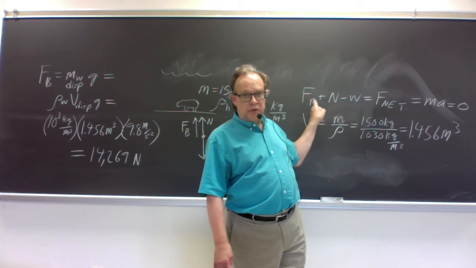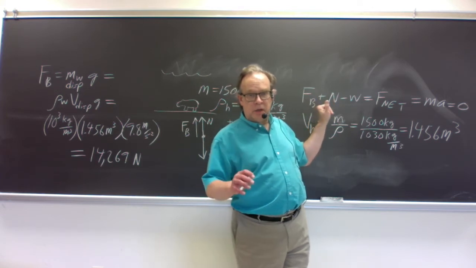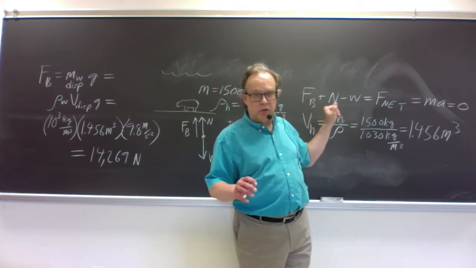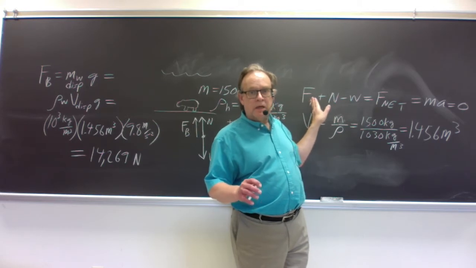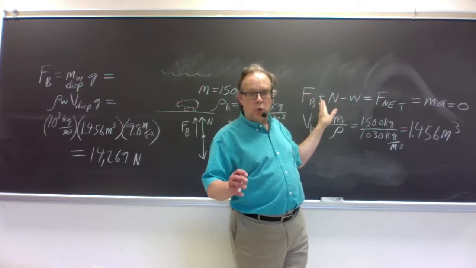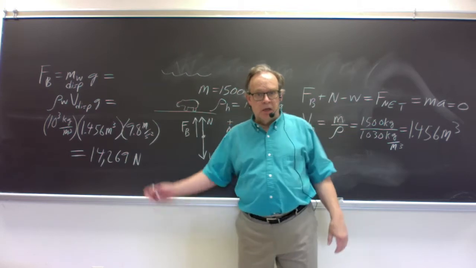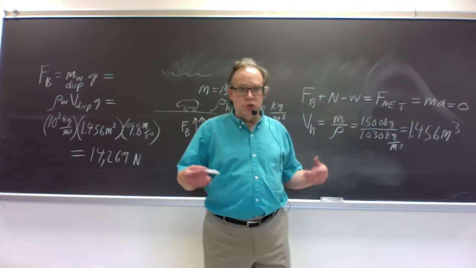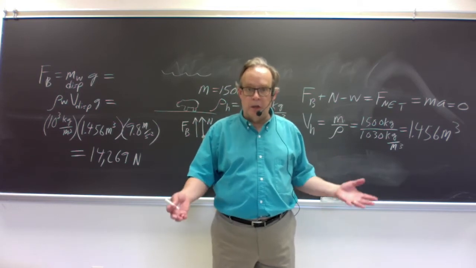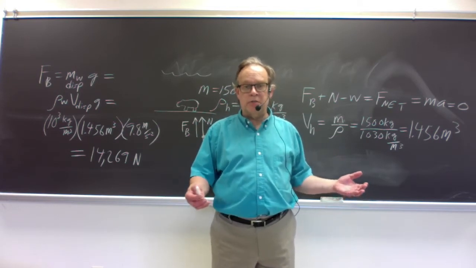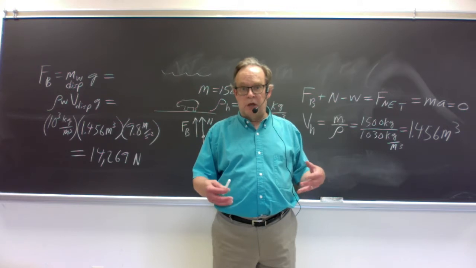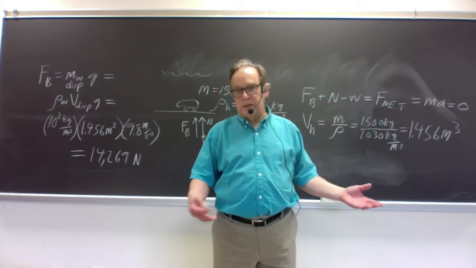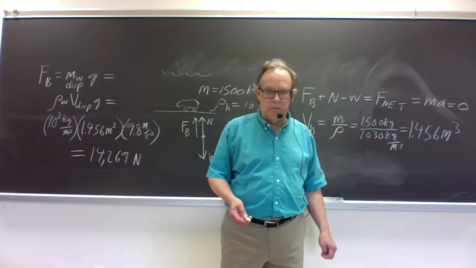In order to figure out this number, there's something else that we have to figure out first, because remember, buoyant force is the weight of the water that was displaced, the weight of the water displaced by the hippo in this case. So to do that, we have to figure out the volume of water displaced, which is the same as the volume of the hippo, because it's the hippo that's displacing the water.